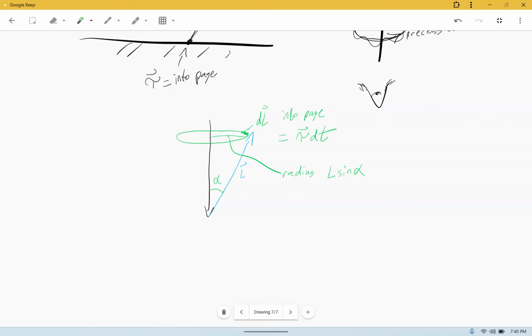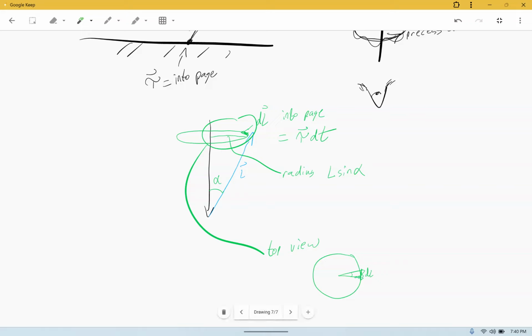So what happens is if I redraw this from the top view, what we're going to have is a circle, terrible circle, and I've gone a little bit of dl, and I've got this radius. It's just moved a little bit here.